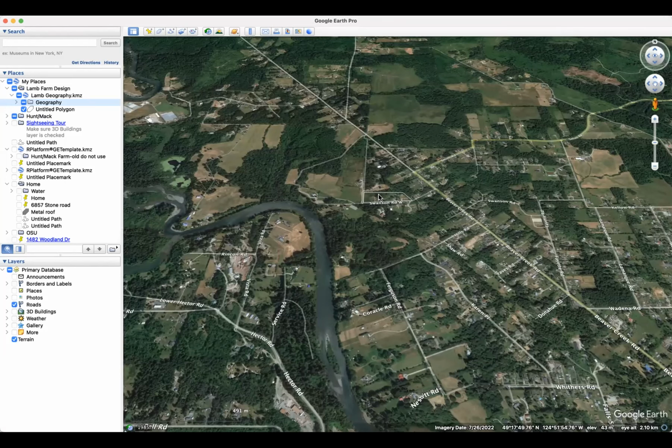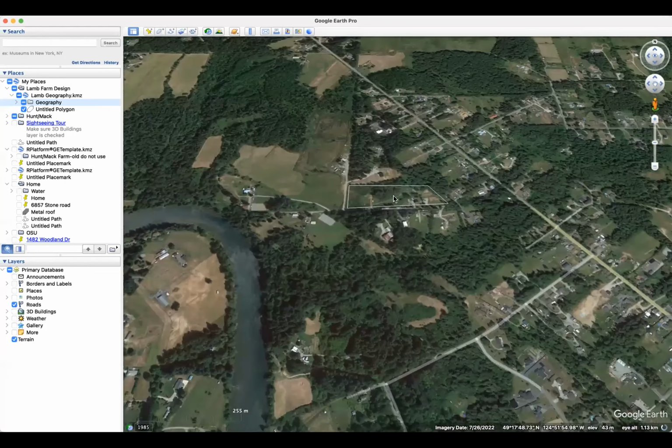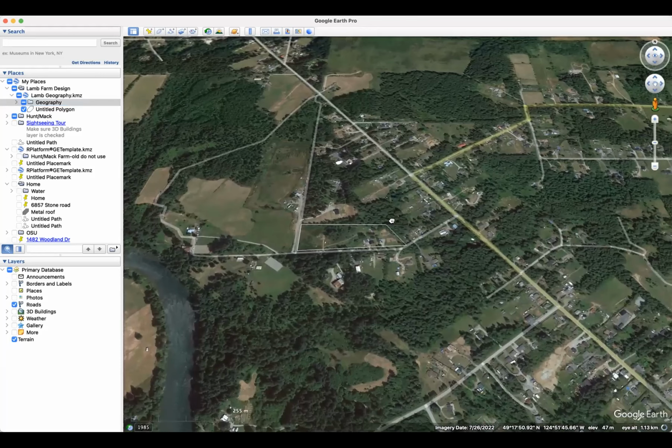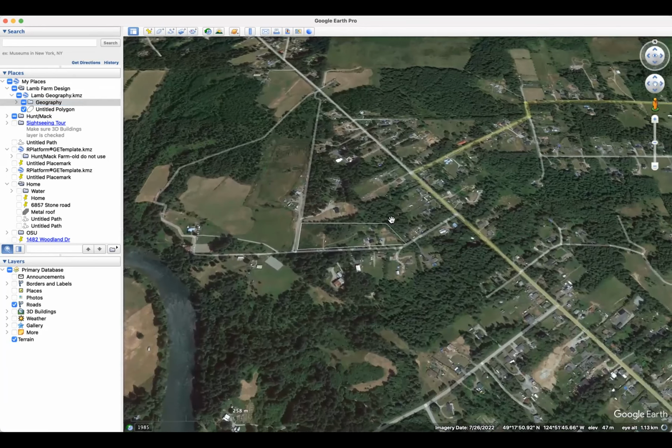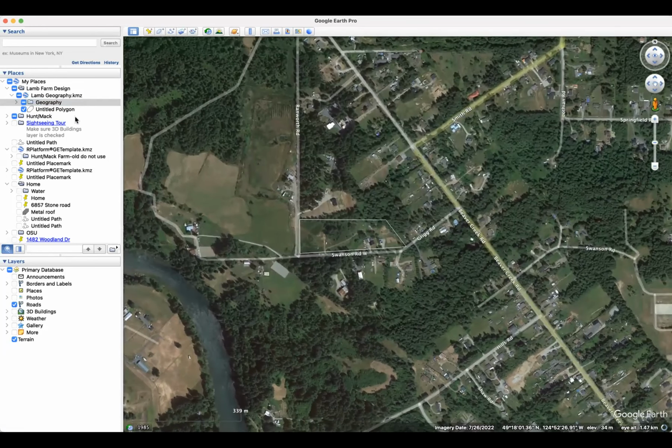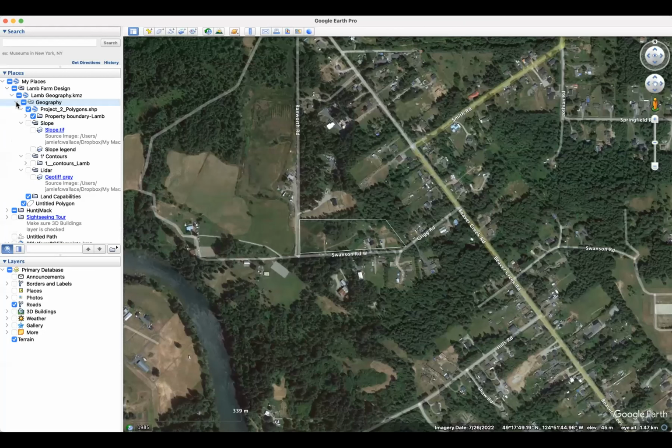So here's a small farm holding in an area close by Port Alberni. What we're able to do is take LiDAR data in British Columbia, Canada here.